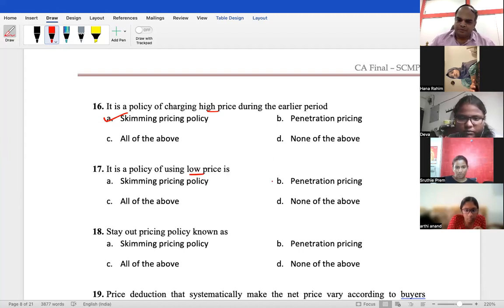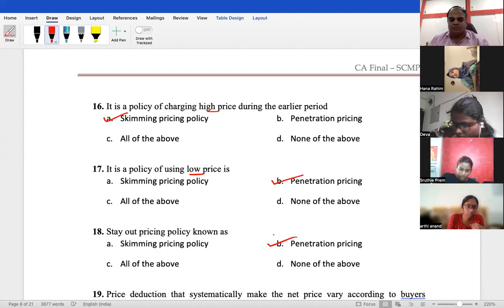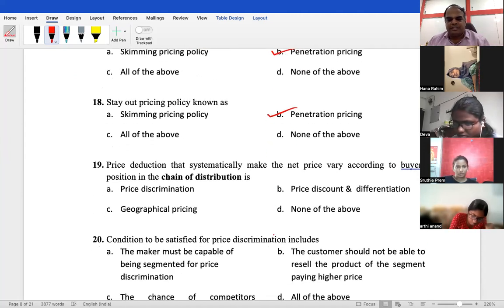Answer is penetration pricing. Stay-out pricing policy is known as skimming pricing, penetration pricing, all of the above, none of the above. Stay out pricing, charging the least price so that it causes them to stay out. Penetration pricing.